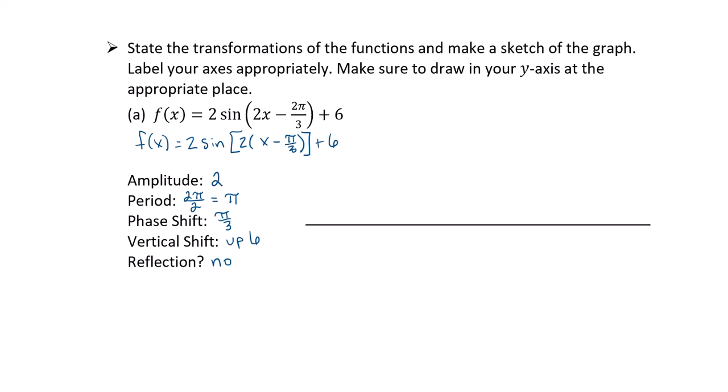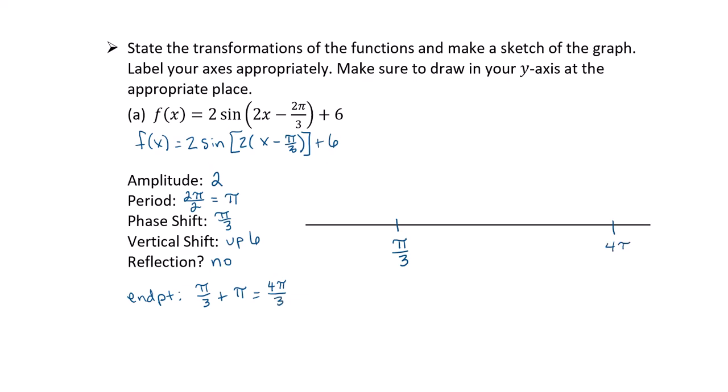So let's start here. Our phase shift, pi over 3, is going to be the first point in this one period of the graph that we will draw. Now, what is the end point? The end point is going to be that phase shift plus the period, and that ends up being 4 pi over 3.